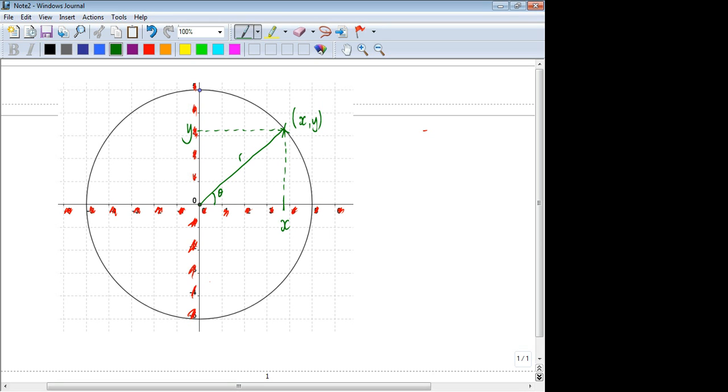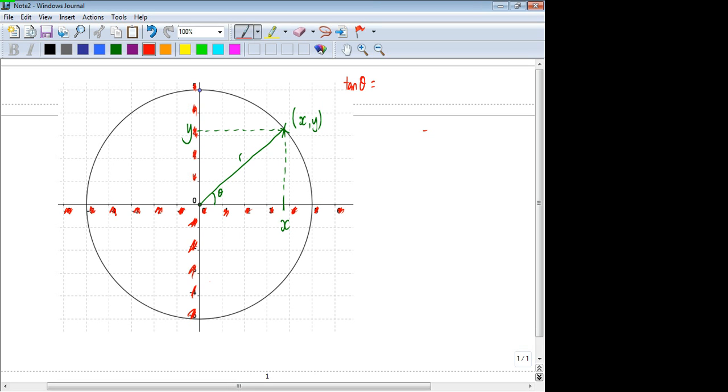That's all. Okay? Do you recall what we said was tangent theta? Do you remember what it was? What's tangent theta? What is the ratio for tangent? Opposite over adjacent.